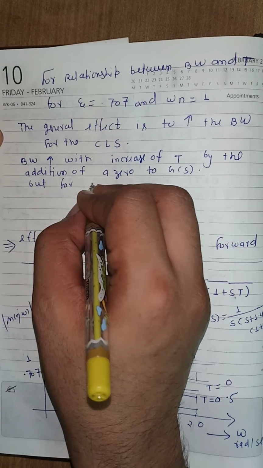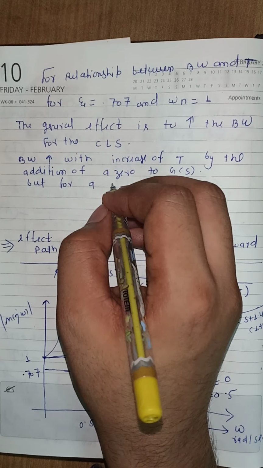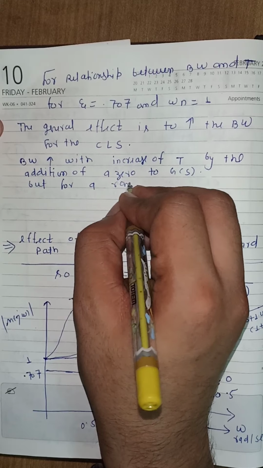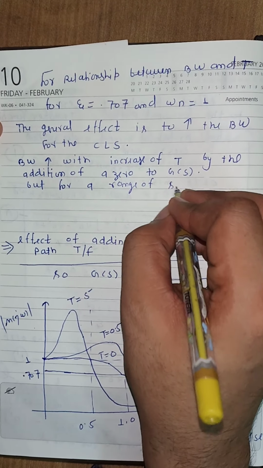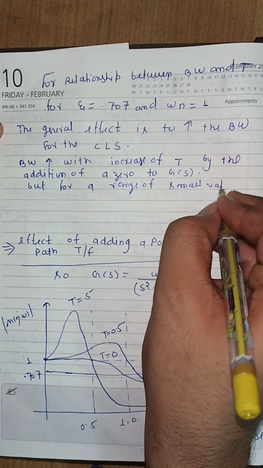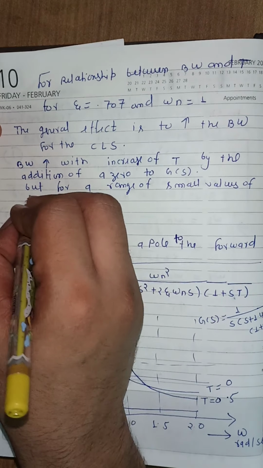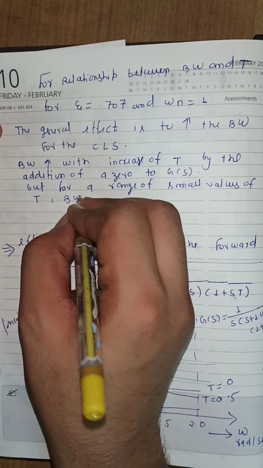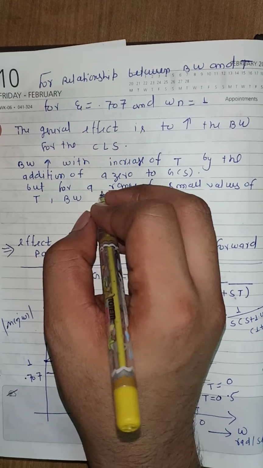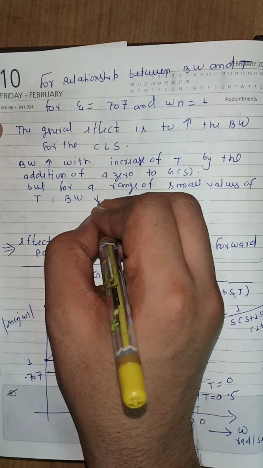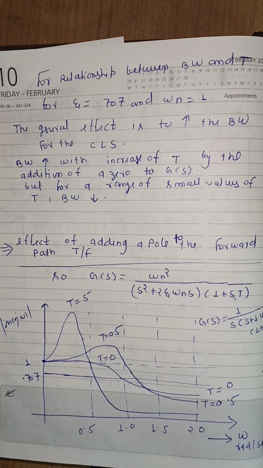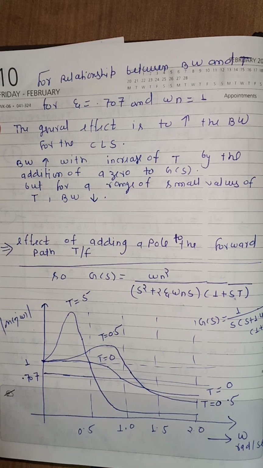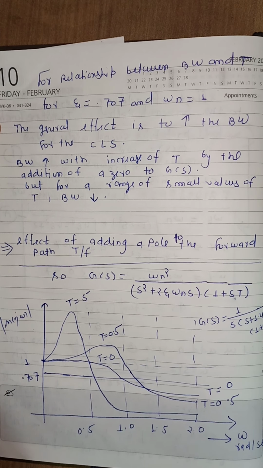But for a range of small values of time constant, the bandwidth of the system will decrease. So this is the effect on bandwidth for the system after adding a zero to the open loop transfer function.